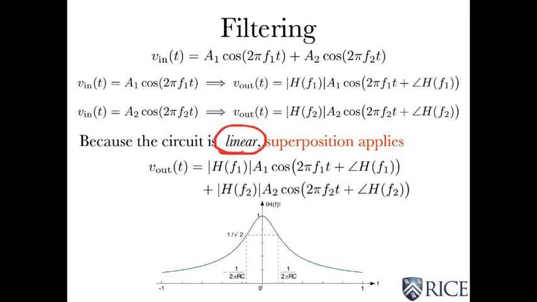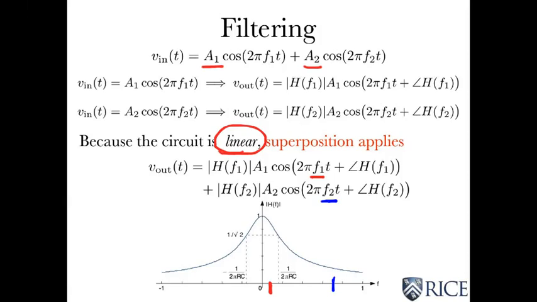Okay, so what's happening here? Let's assume that F1 is down here somewhere, and let's assume that F2 is out here somewhere. Let's assume, for sake of argument, that the amplitudes of these are about the same.